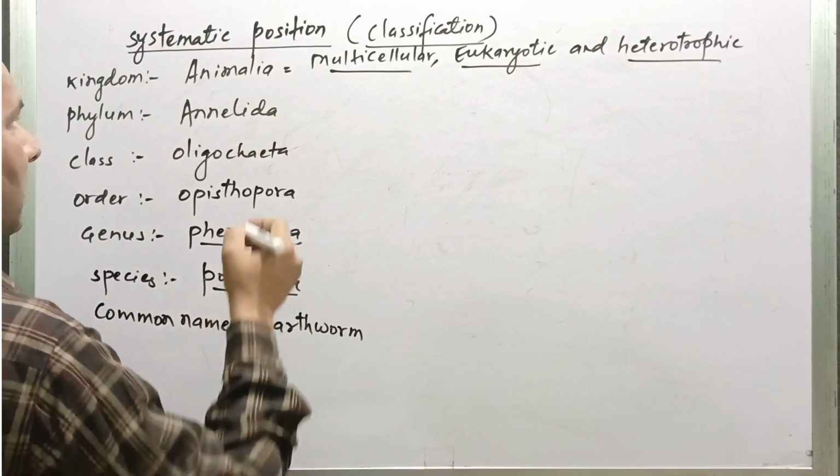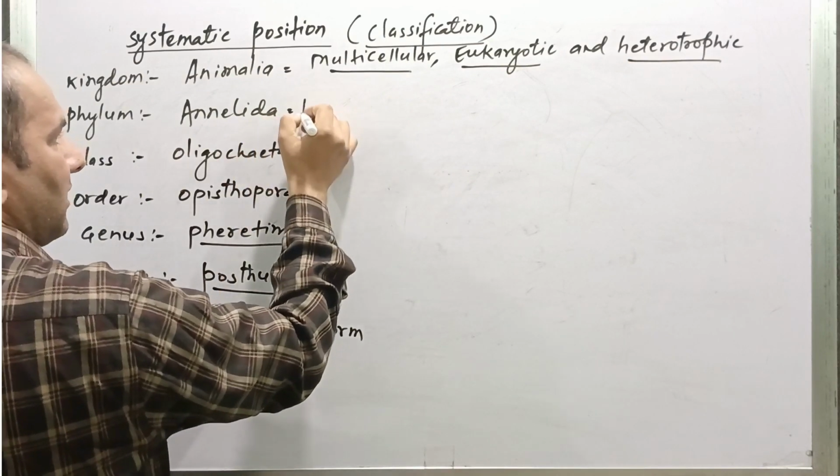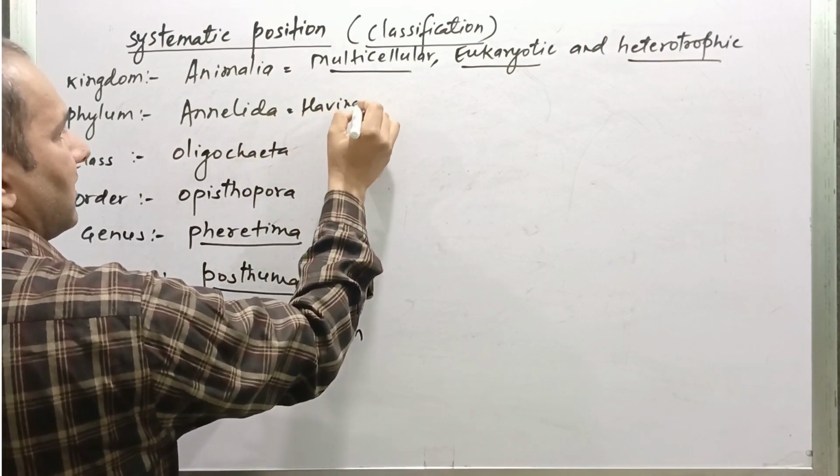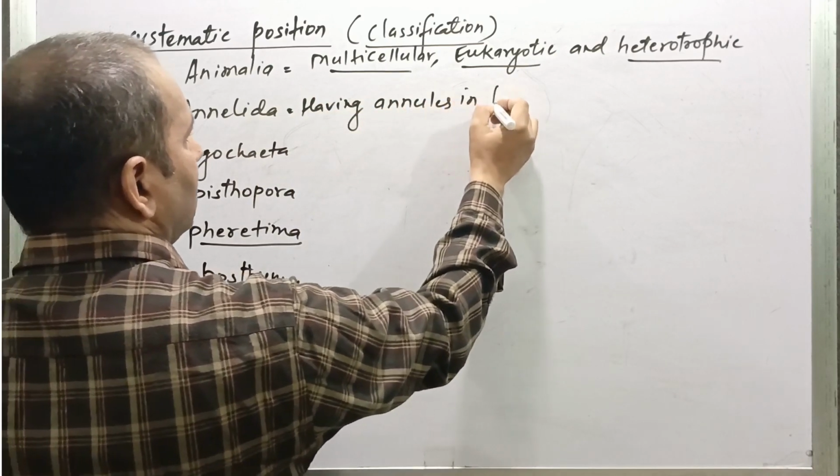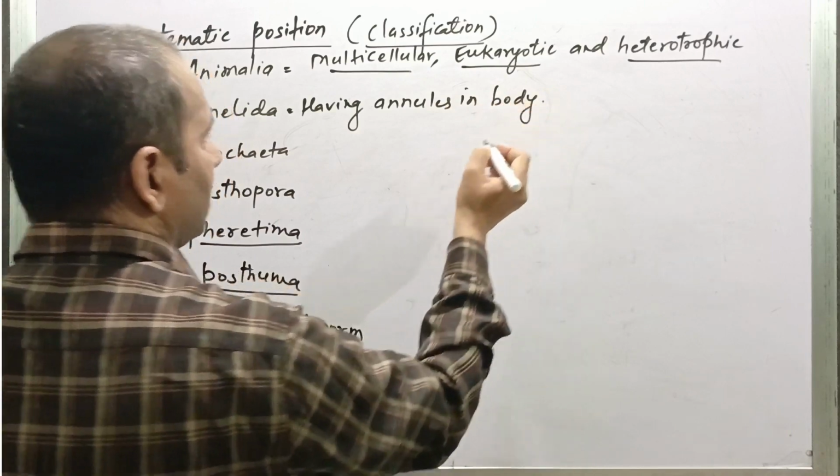The next one is phylum Annelida. Annelida means having annules in the body.